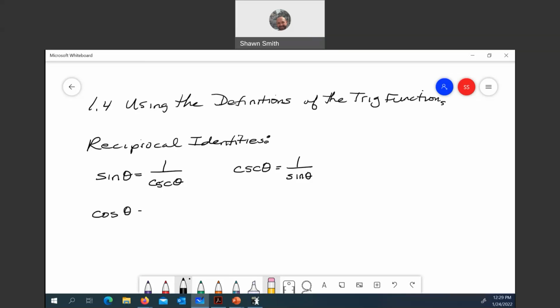Cosine is 1 over secant. Secant is 1 over cosine. Tangent is 1 over cotangent, whereas cotangent is 1 over tangent.